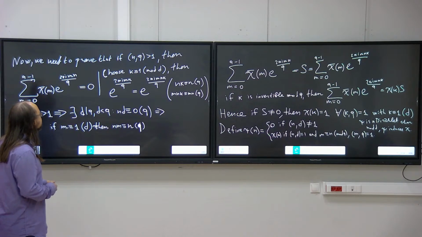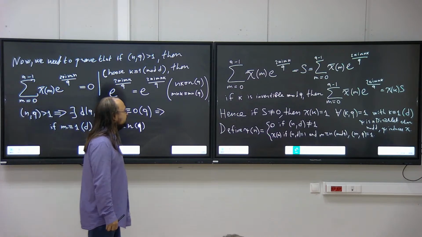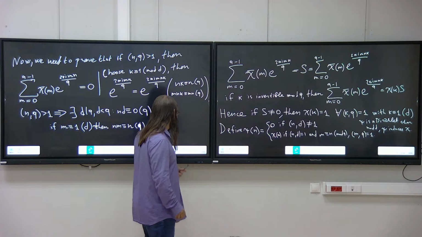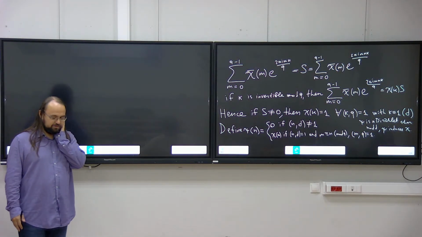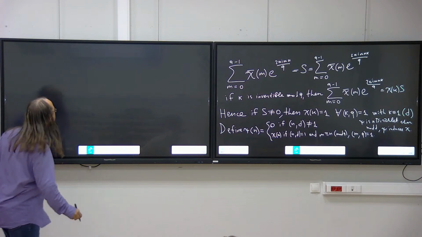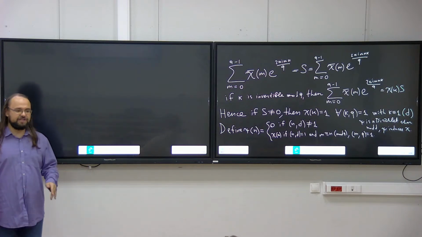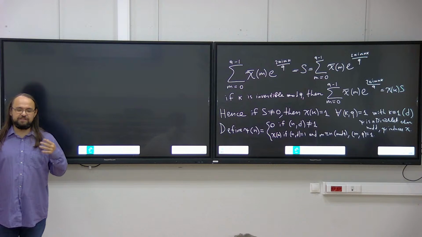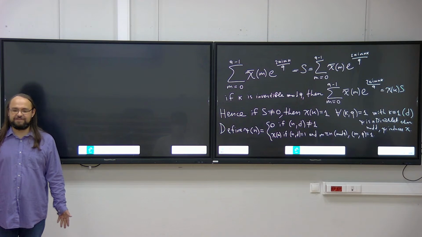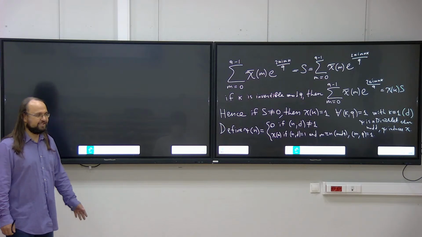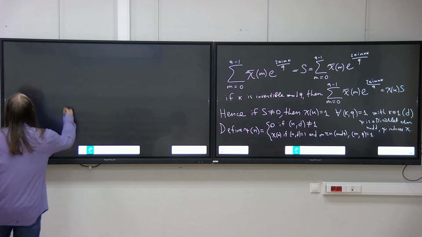Now what? So we established our formula, and what do we want now? Well, we proved that a certain sum is equal to chi of n multiplied by some number. We need to prove that this number is non-zero, right? Because otherwise we cannot divide and we get some trivial identity.